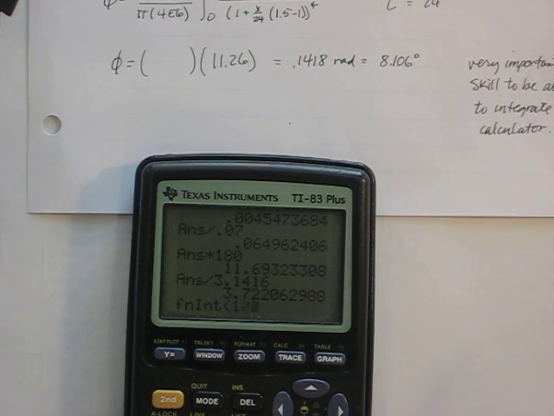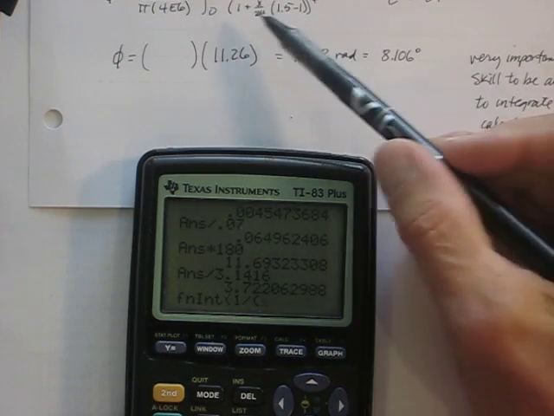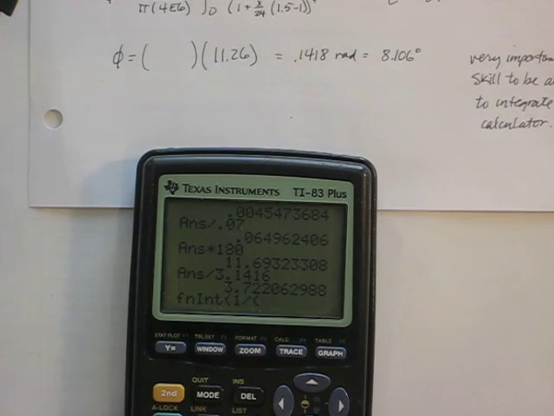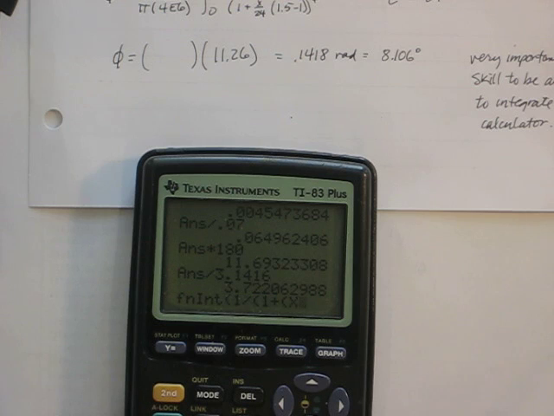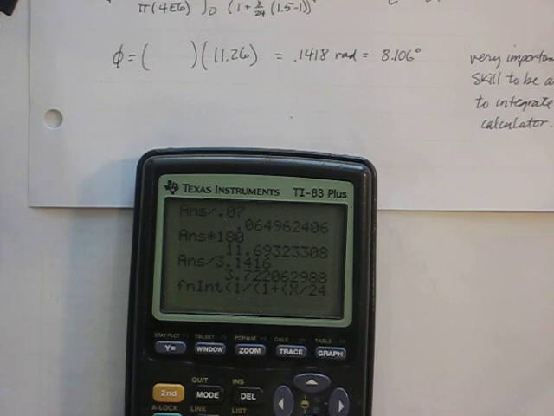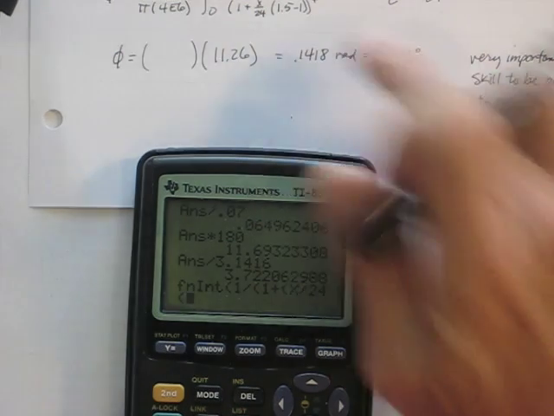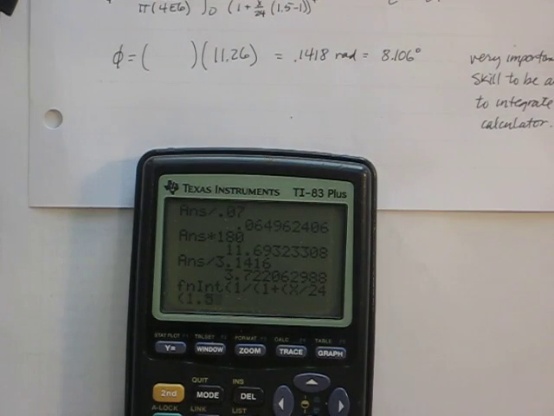So I'm going to go 1 divided by the quantity, 1 plus, and then I got another quantity, x over 24, times the quantity. Well, actually it's 1.5 minus 1, but I'll go 1.5 minus 1.